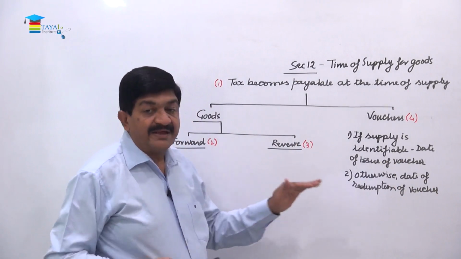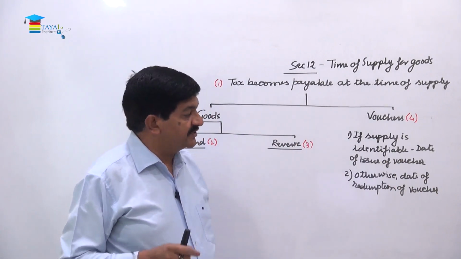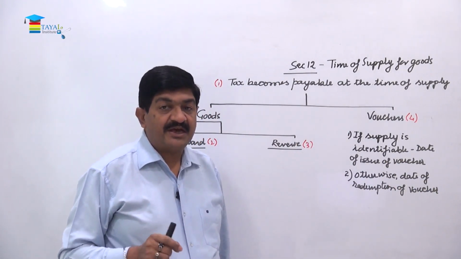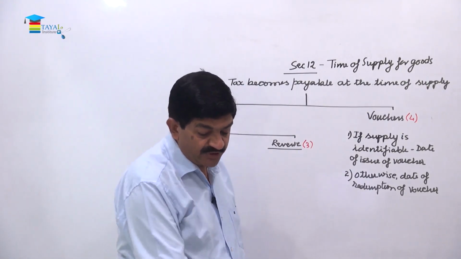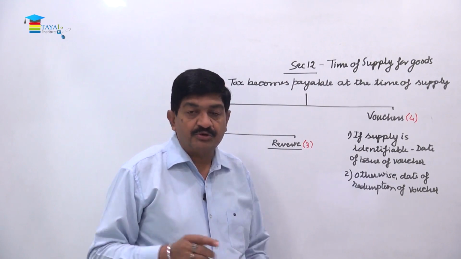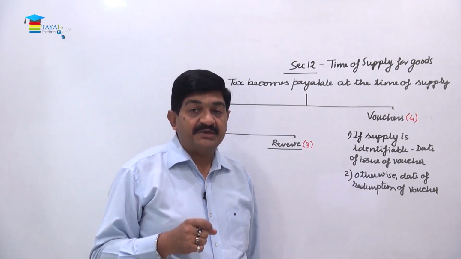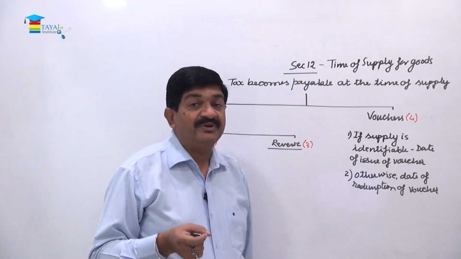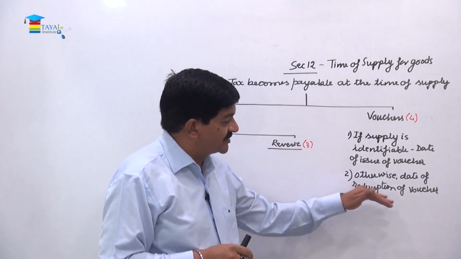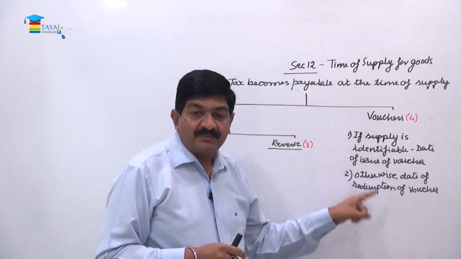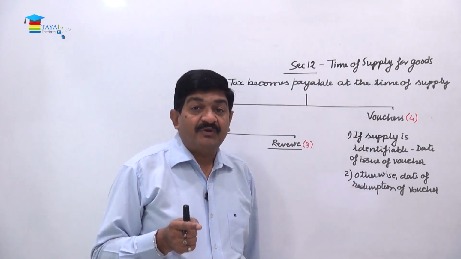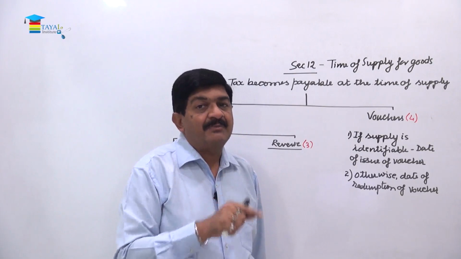So where the supply is not specific, it is not identifiable, then time of supply is the time of redemption. So I said some vouchers are given and it is not known against which article and where it is going to be redeemed. In that situation, the time of redemption is the time of supply. Otherwise, where supply is specific, then the time of issue of voucher itself is the time of supply.